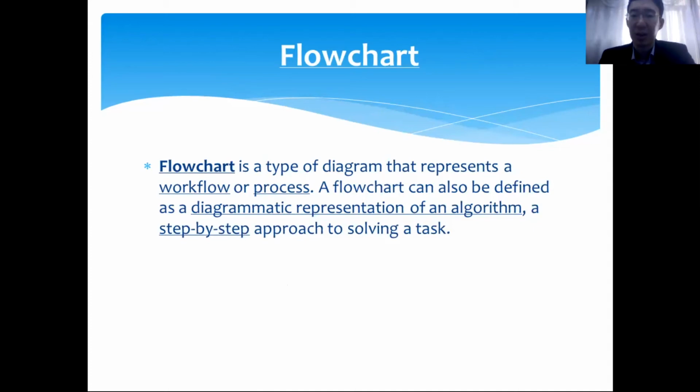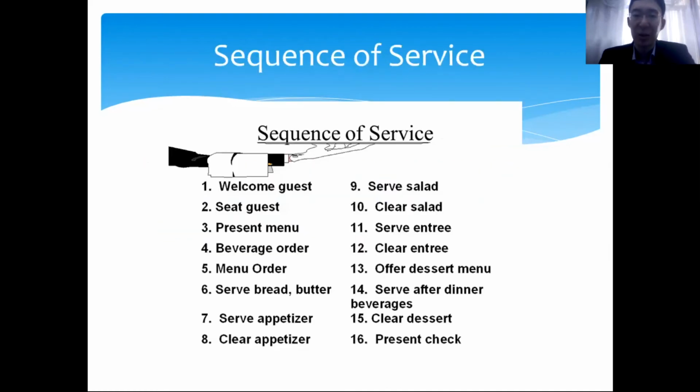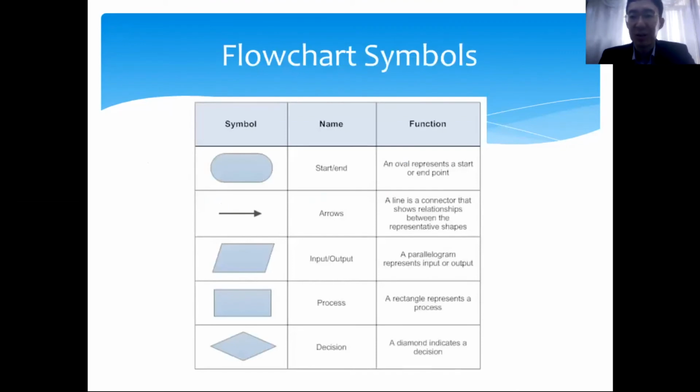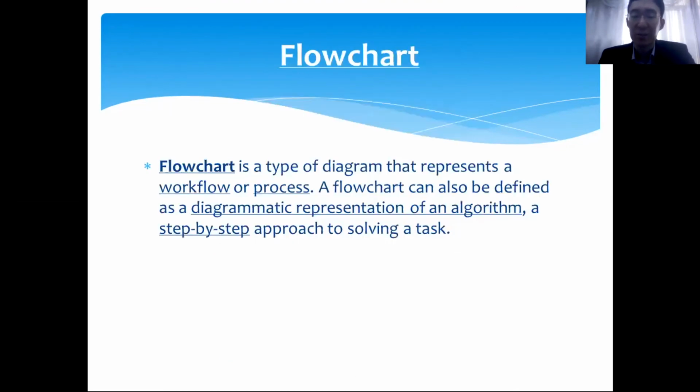It can also be defined as a diagrammatic representation of an algorithm. Basically it is a step-by-step approach to solving a task. Here we have the welcome guest sequence, and later I would like to show you how this sequence can be shown in a flowchart representation.